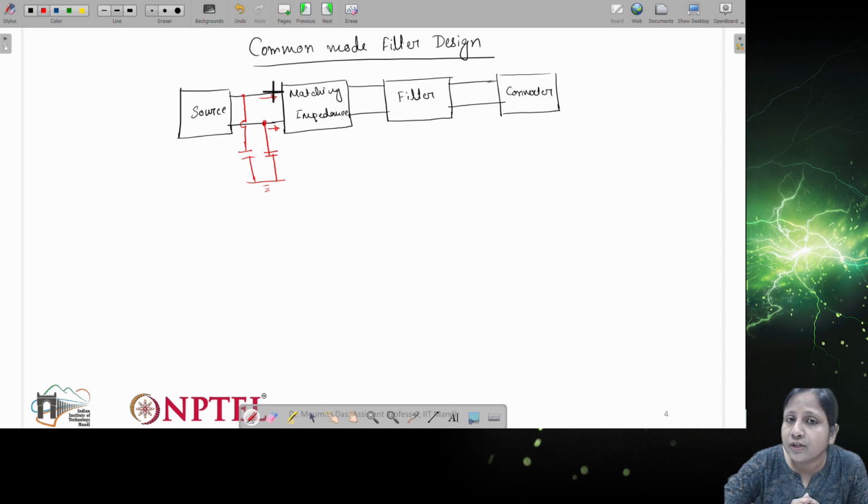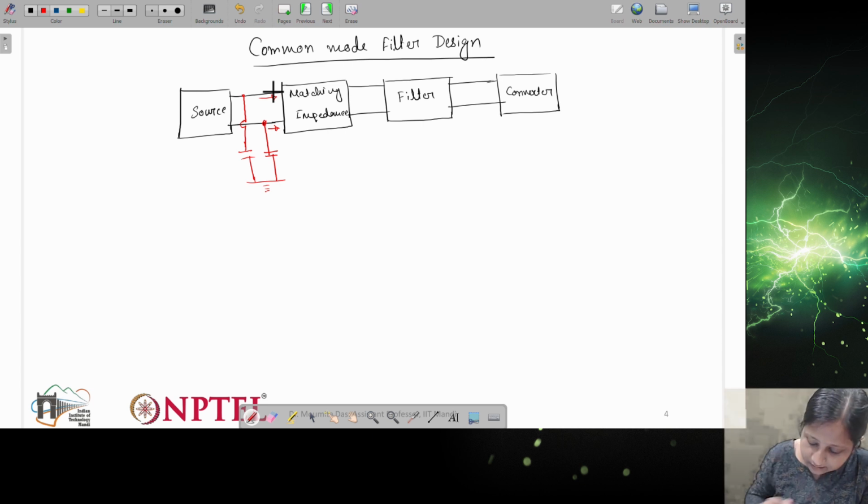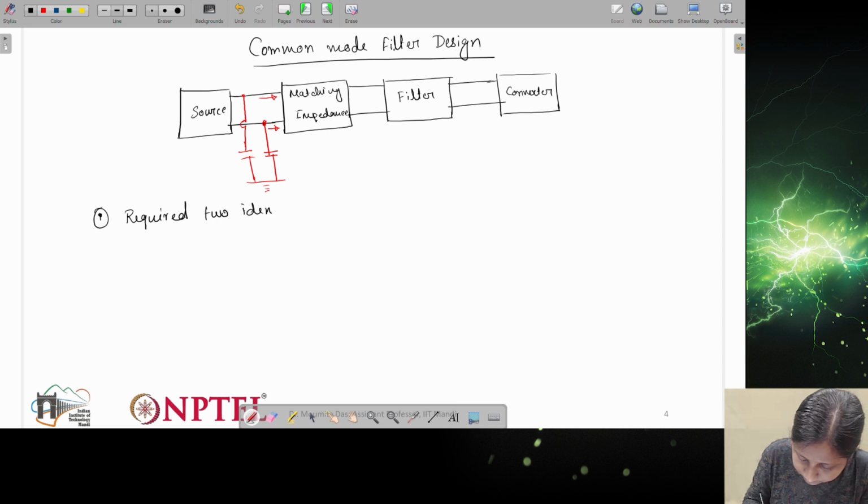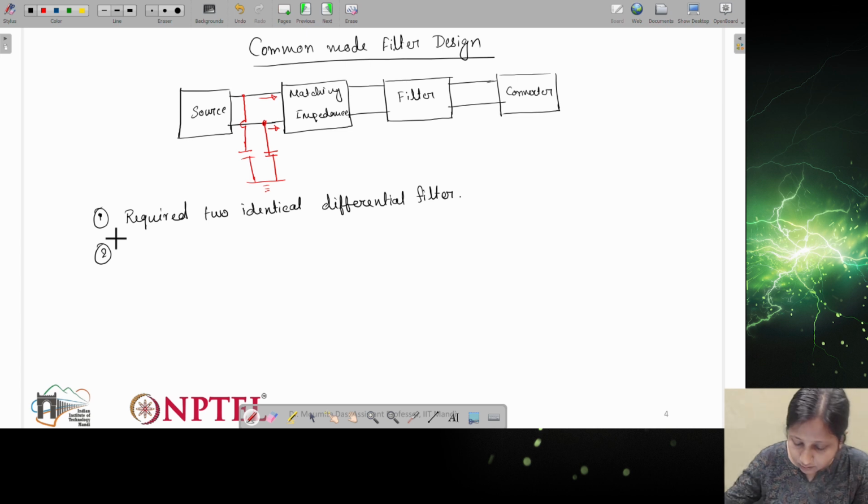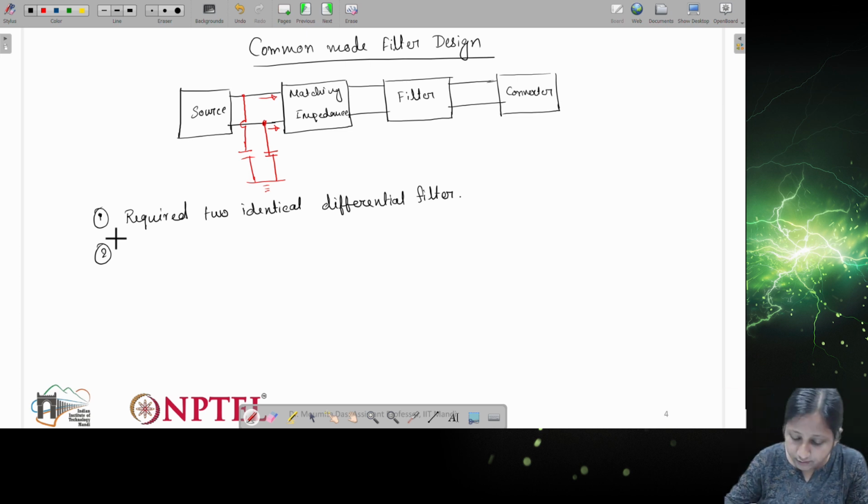So in order to reduce this noise, it requires two identical differential filters. Two identical filters are required, right?